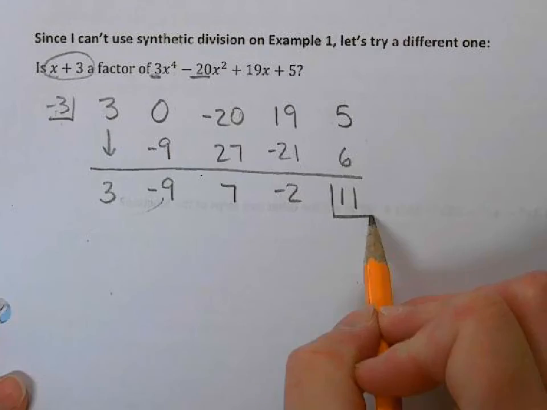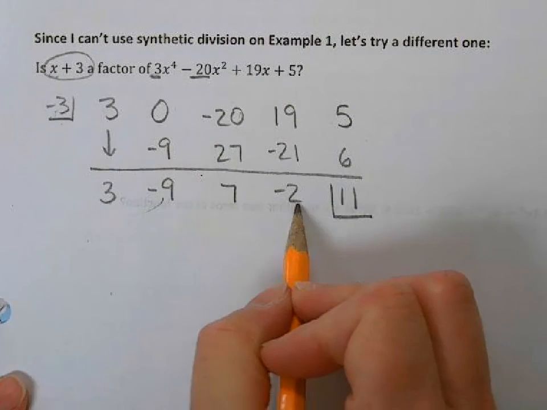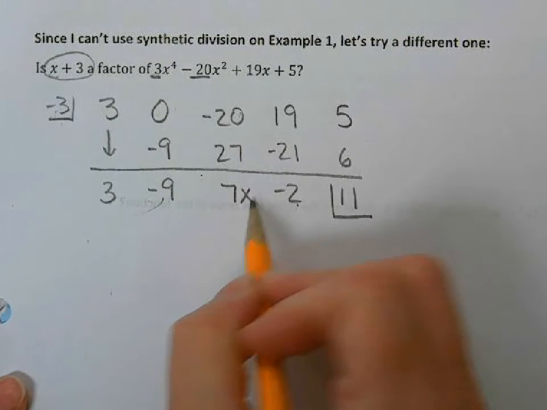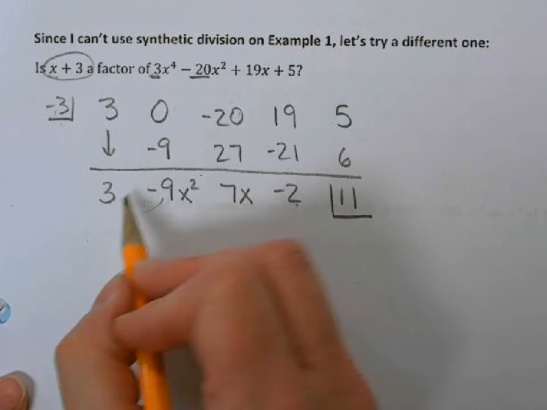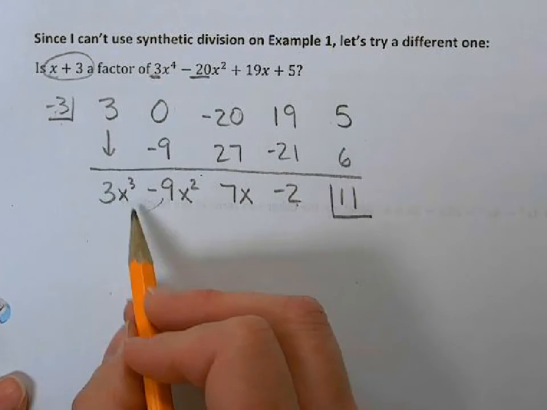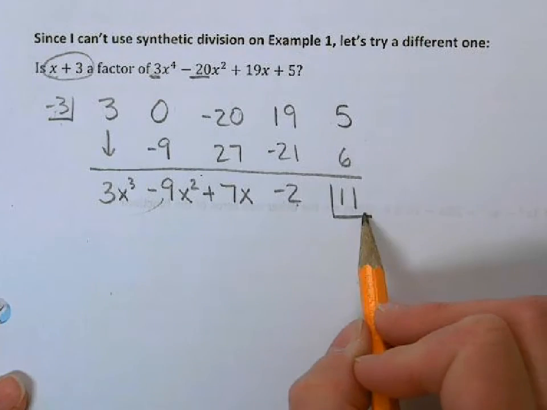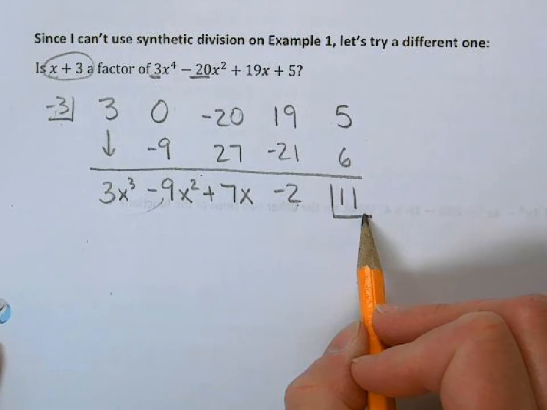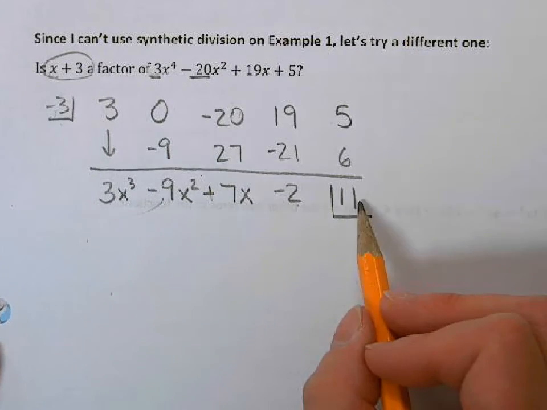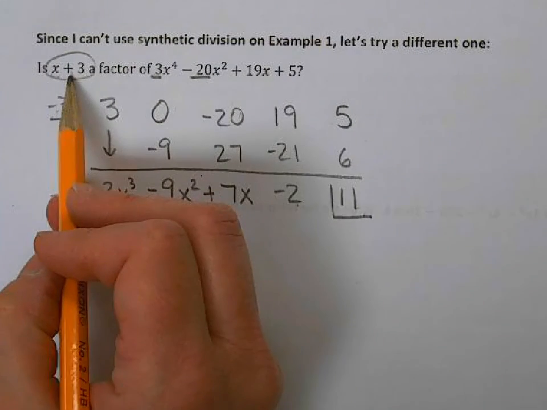This would be my remainder. This would be my constant. Then my x. Then my x squared. Then my x cubed. Make sure they all have a connector, meaning you would need a plus. And if I was writing that remainder, say it was just a basic division problem, I would put the remainder over what? Which was x plus 3.